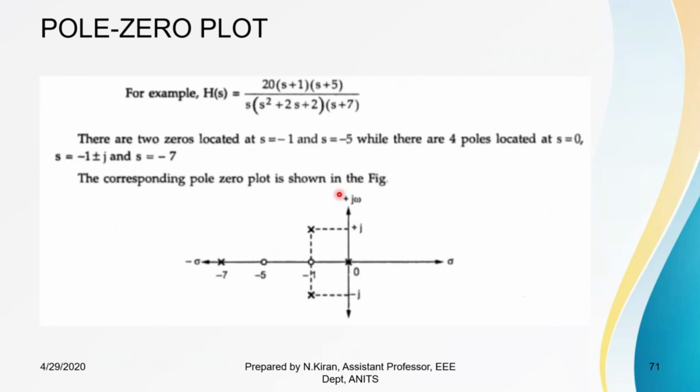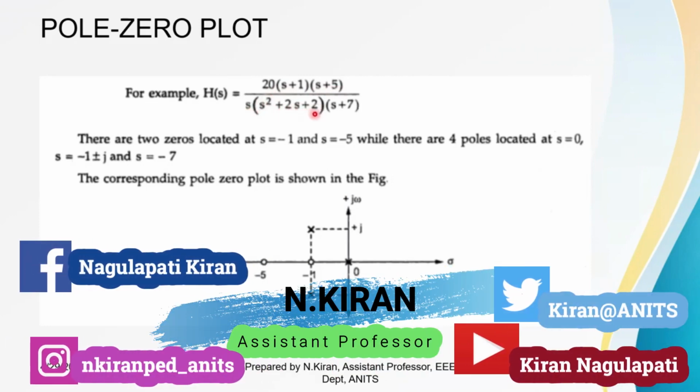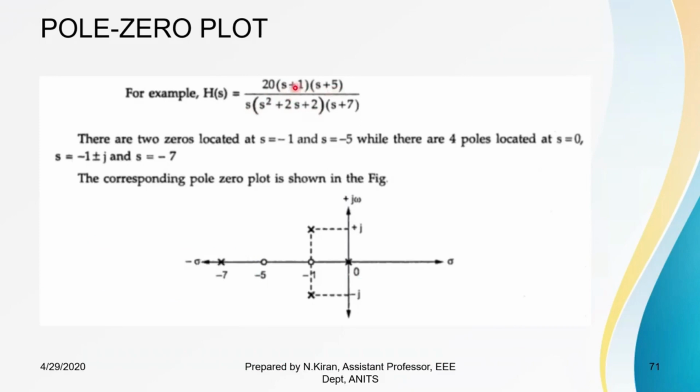Let us take an example, 20 into s plus 1 into s plus 5 over s into s plus 7 into s square plus 2s plus 2. Here the zeros are s equal to minus 1 and s equal to minus 5. So this is your S plane. As we know, zeros are represented by 0. So at minus 1 I have one zero, and at minus 5 I have one zero.